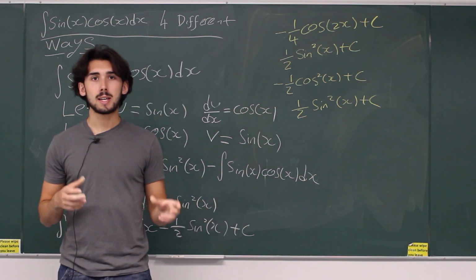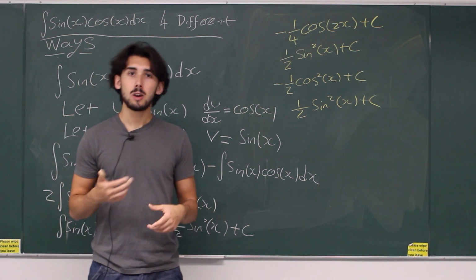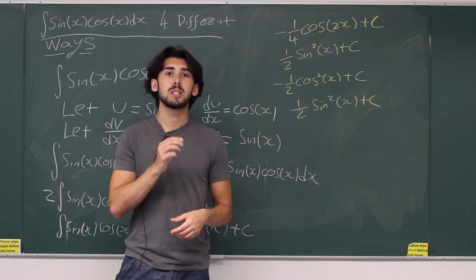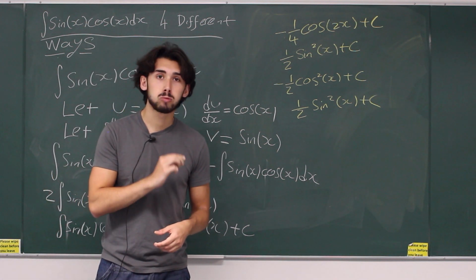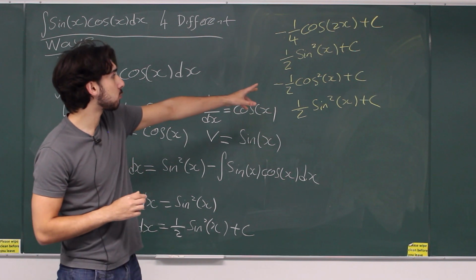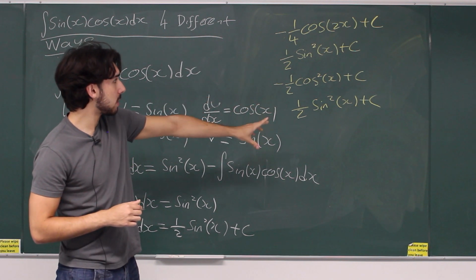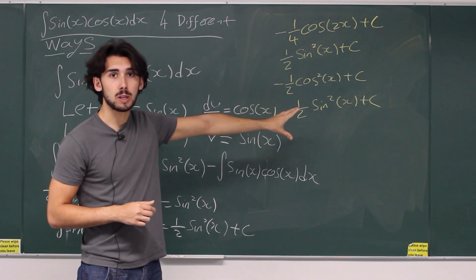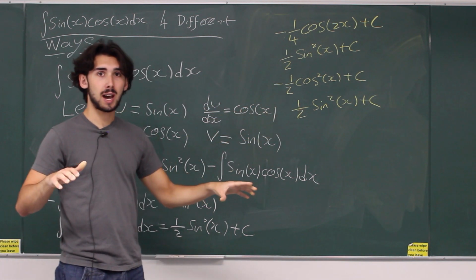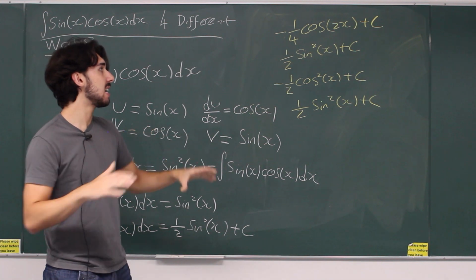The reason why it's so important to do a plus c when you integrate something is because if you don't write plus c, then you are wrong. Because if I hadn't written plus c on these 4 answers, then they wouldn't be equal to each other ever, at any point, regardless of any value of c.